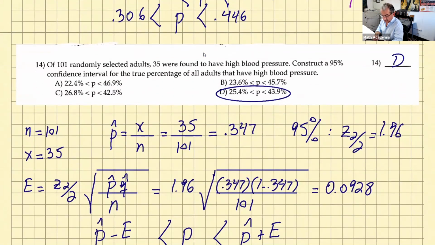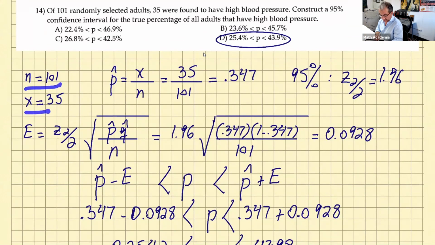Number 14. Of 101 randomly selected adults, 35 were found to have high blood pressure. Construct a 95% confidence interval for the true percentage. Percentage is the proportion of all adults that have high blood pressure. n is given, x is given, you can calculate p hat, which is x over n, and you get 0.347.